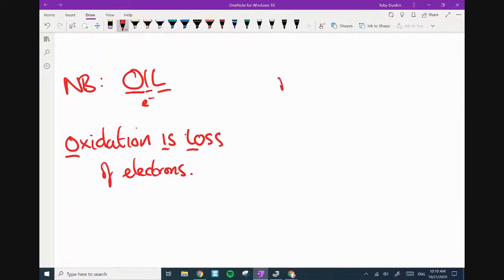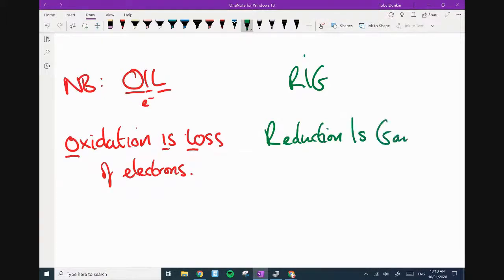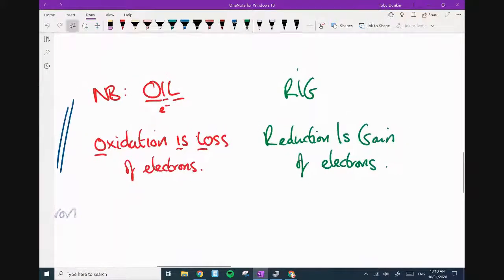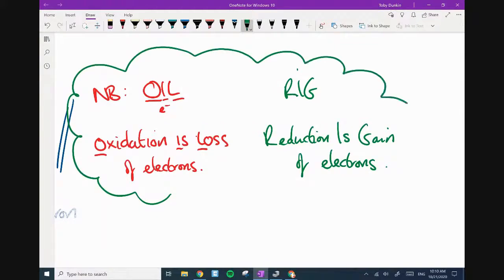And reduction, I'm going to change my color for this. Oxidation in red, reduction in green. Reduction is gain of electrons. Again, dead important, that. There we go.